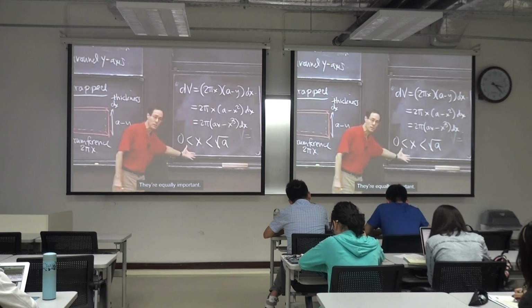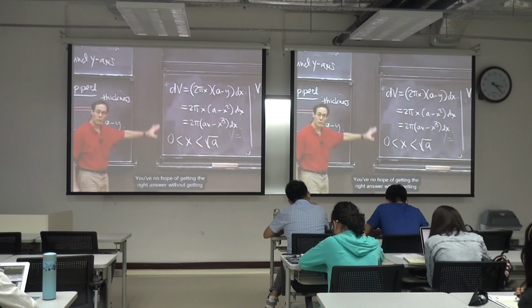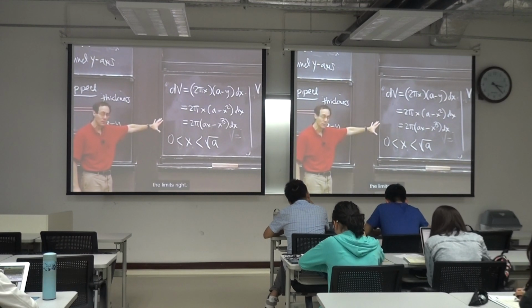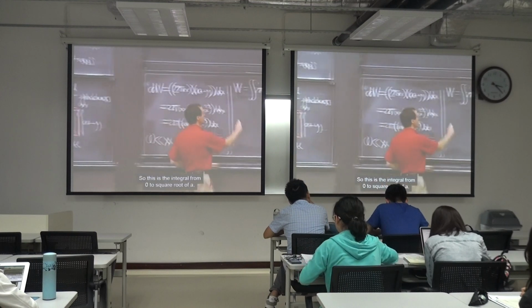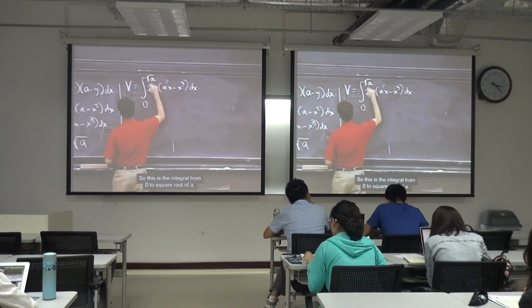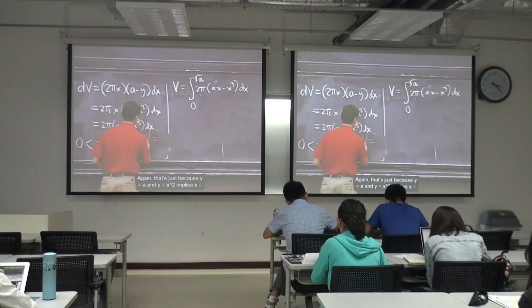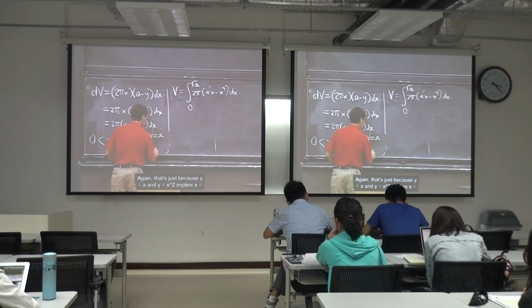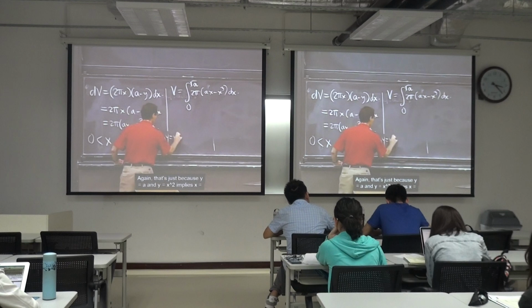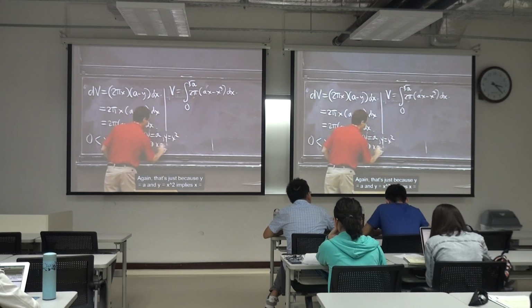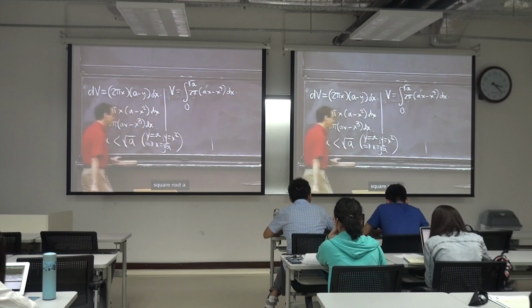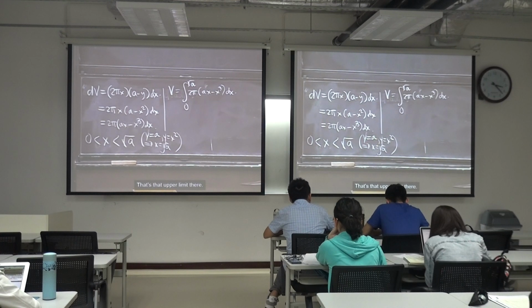They're equally important. No hope of getting the right answer without getting the limits right. Right, so this is the integral from 0 to square root of a. Again, that's just because y equals a and y equals x squared implies x equals square root of a. That's that upper limit there.